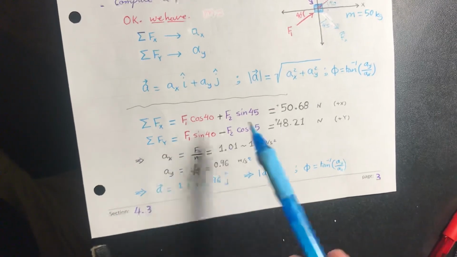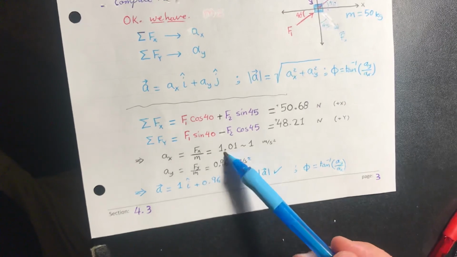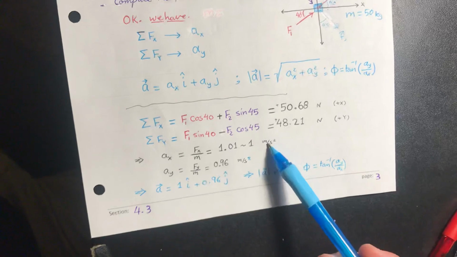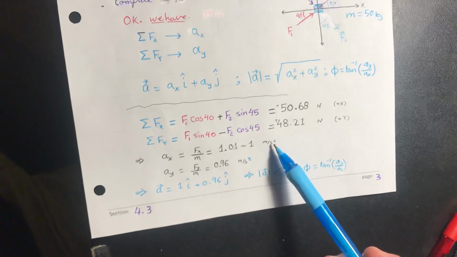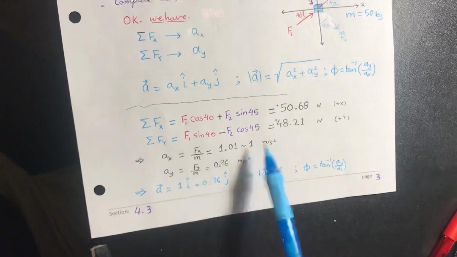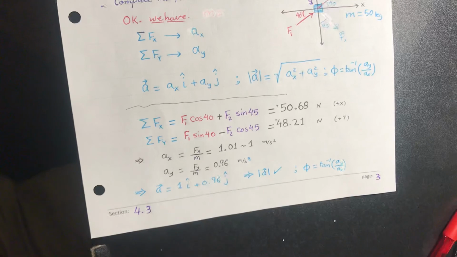What is ax? It is fx over the mass, which is almost 1 meter per square second. Also the acceleration in y direction is equal to fy over the mass, which is 0.96 meter per square second.